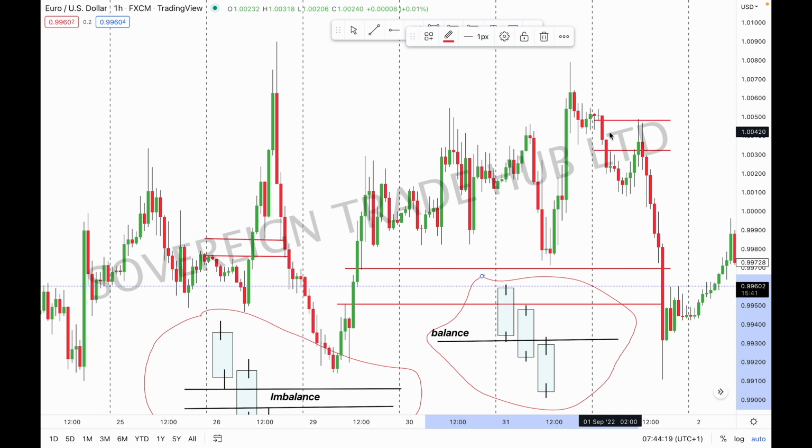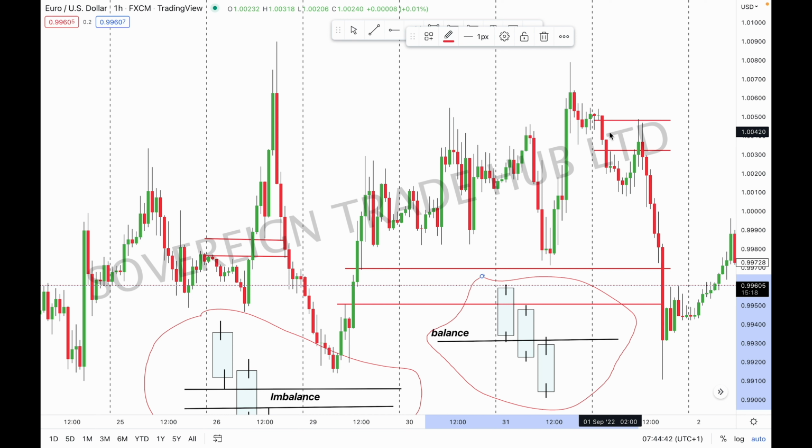When the market creates a form of inefficiency or imbalance, it's just like you taking off and your door is open. You have to go back and get those doors locked. So the market is going to come back to fill up those inefficiencies. And after it's been filled up, what we have is an efficient or a balanced market.